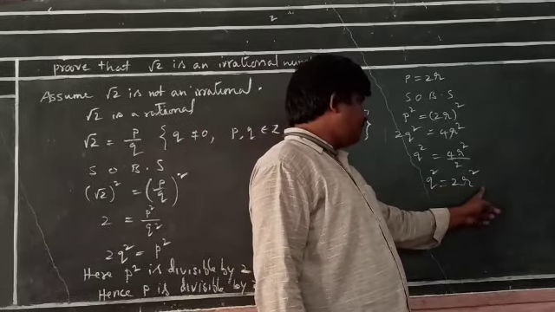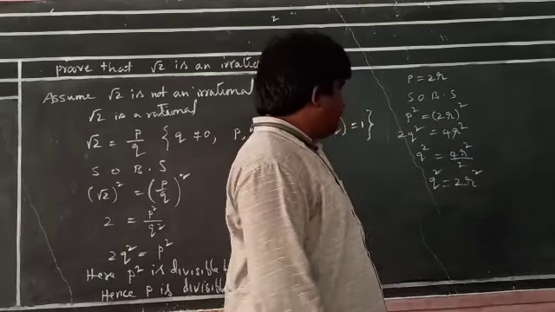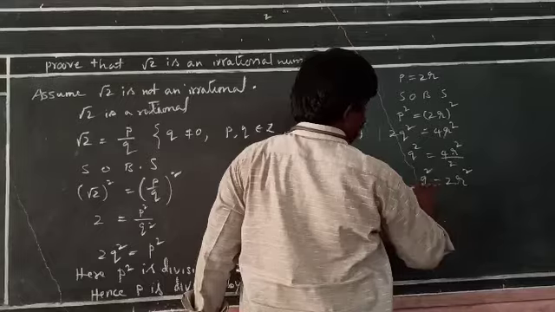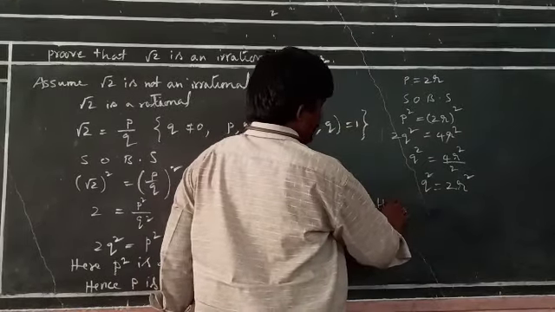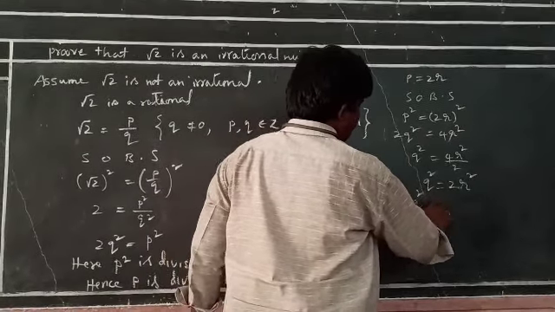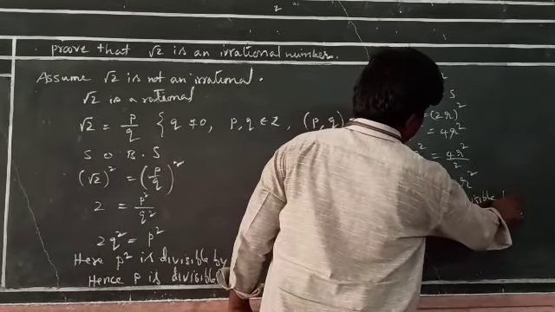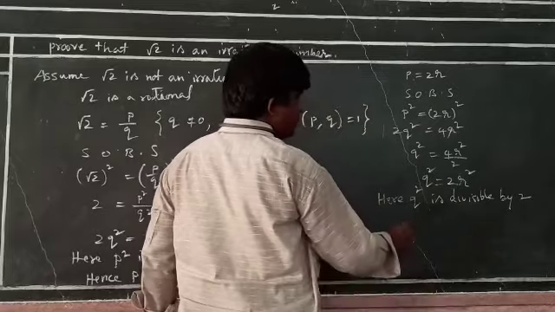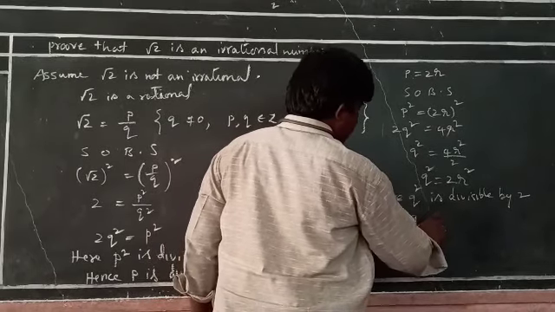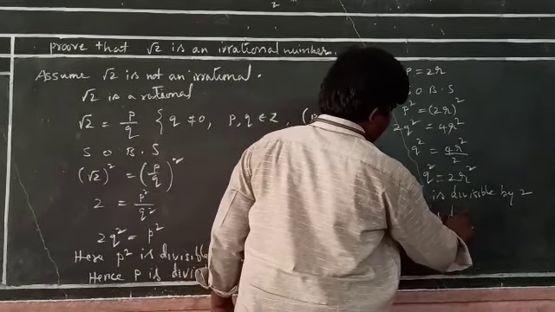2r square is in the form of multiples of 2. Multiples of 2 are always divisible by 2. Therefore, q square is divisible by 2. So q square is divisible by 2 means q becomes divisible by 2.